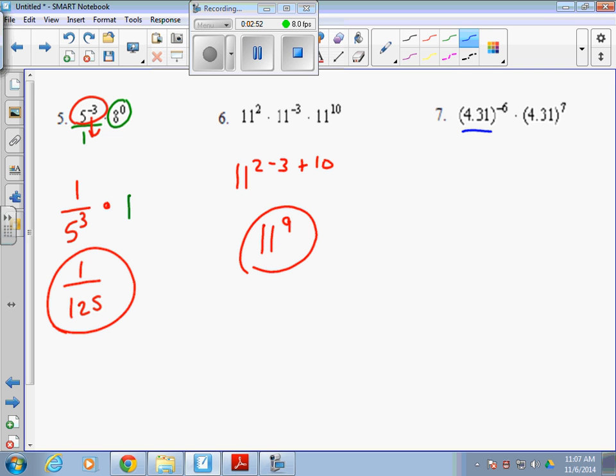4.31, the same base. Add the exponents since you're multiplying the same bases. So 4.31, negative 6 plus 7 is going to be 4.31 to the 1st power, which simplifies to 4.31.